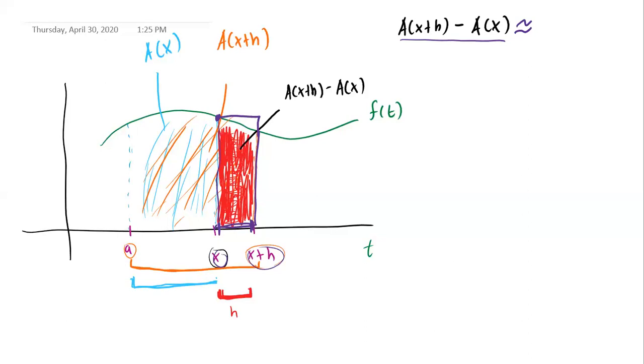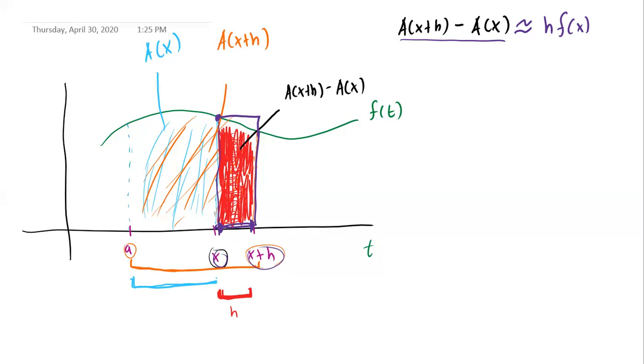So what's the area of this rectangle? The length is h, which is what we've seen. We just find the length of that particular interval, and the height is given by the function value evaluated at the left endpoint. The left endpoint of this interval is x, so evaluate the function there, and we get f of x.